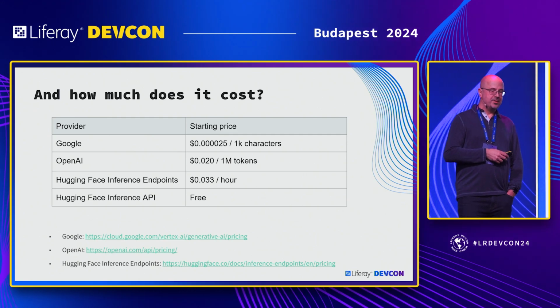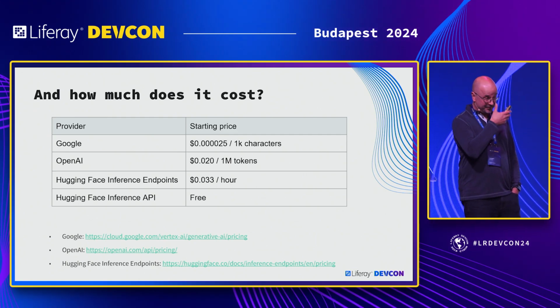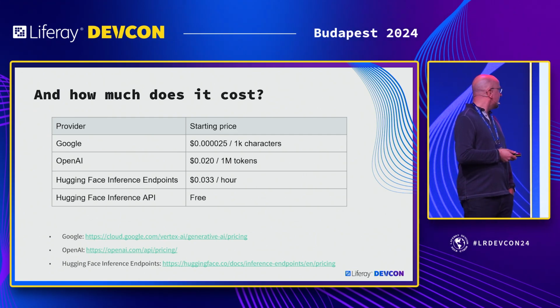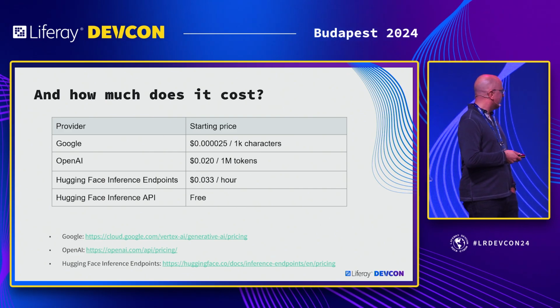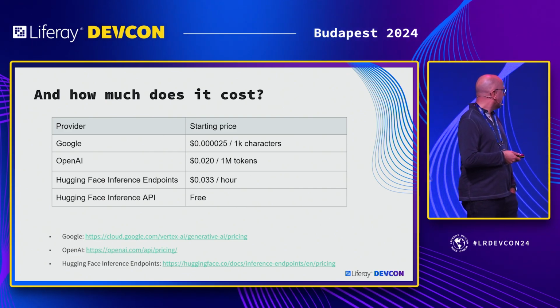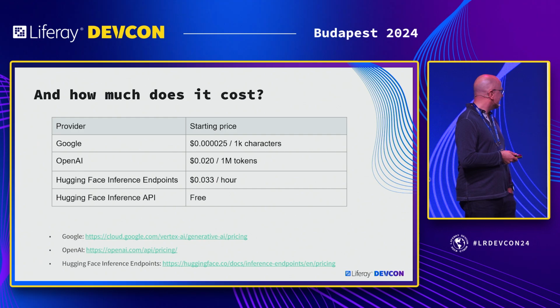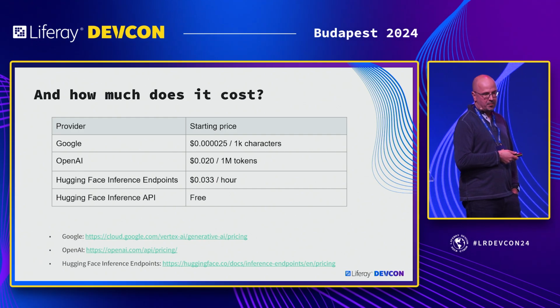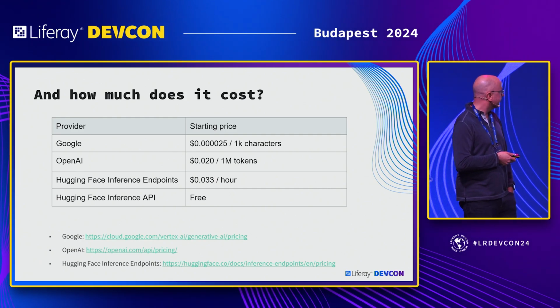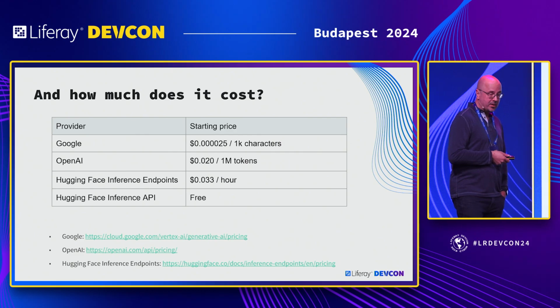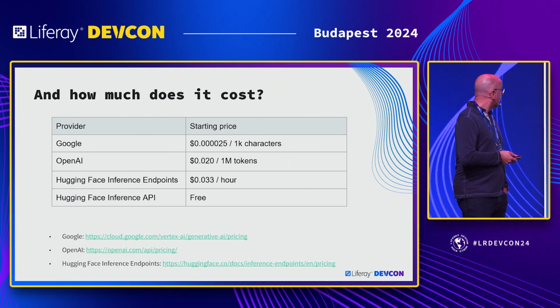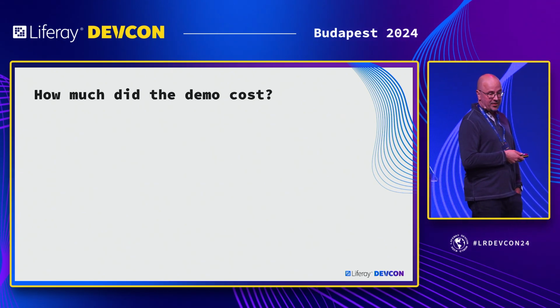So how much does it cost? As you can see here, it's really affordable. OpenAI takes only 2 cents for 1 million tokens, meaning like 4 million characters. So how much did the demo cost?